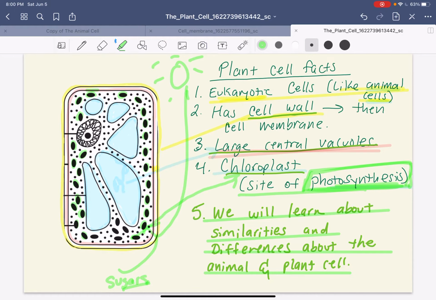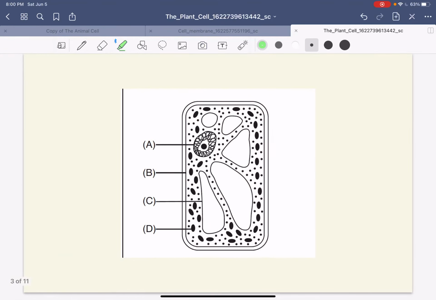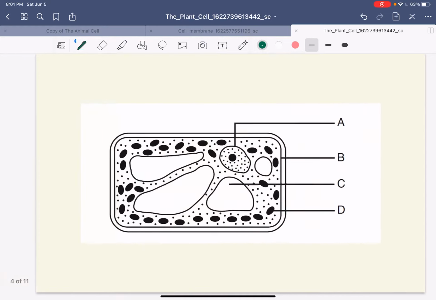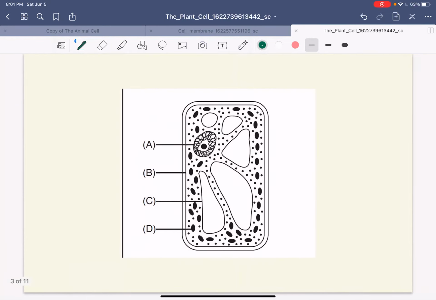But let's get started by labeling the plant cell. I'm going to keep this green. These are different types of plant cells that I took from different exams. So let's start with this one.